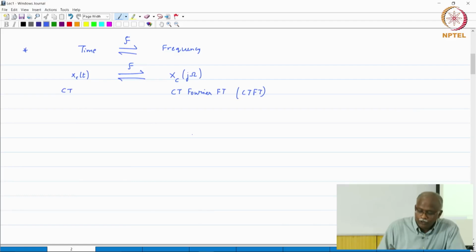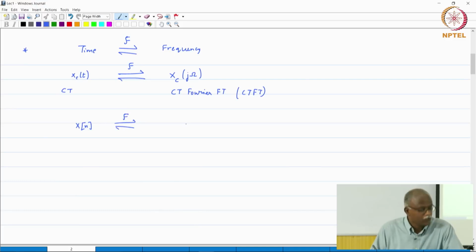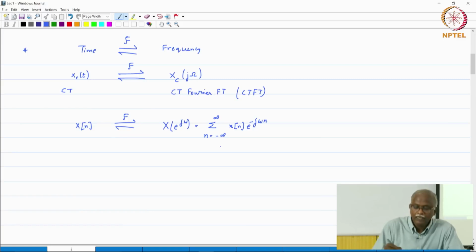Now, when we come to discrete time signals, we have x of n, and the corresponding Fourier transform has two variations. You can have a form X(e^{jω}), which is given by the summation for n equal to minus infinity to infinity of x(n) e^{-jωn}.